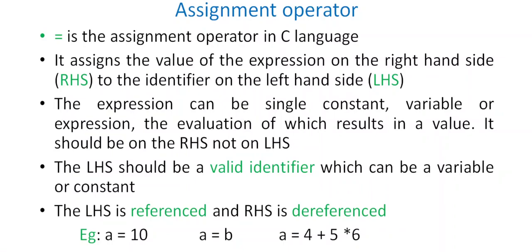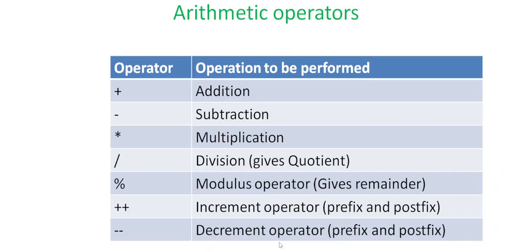So that means, in simple terms, on the right hand side you will have a value, on the left hand side you will have a variable. So a equal to 10 means the value of 10 is assigned to a. a equal to b means the value that is present in b is assigned to variable a. Like this also, the expression is evaluated and the result is assigned to a.